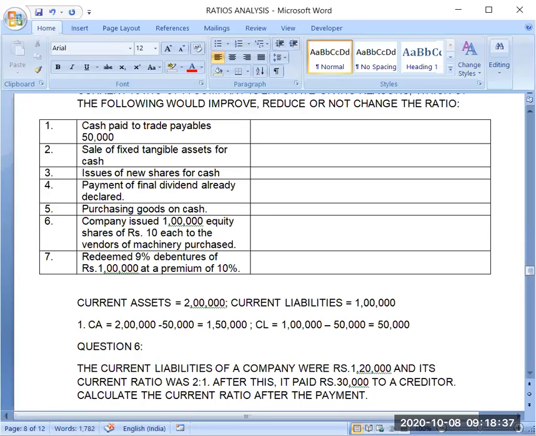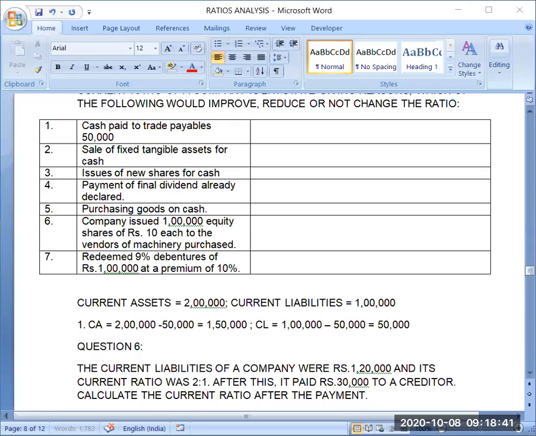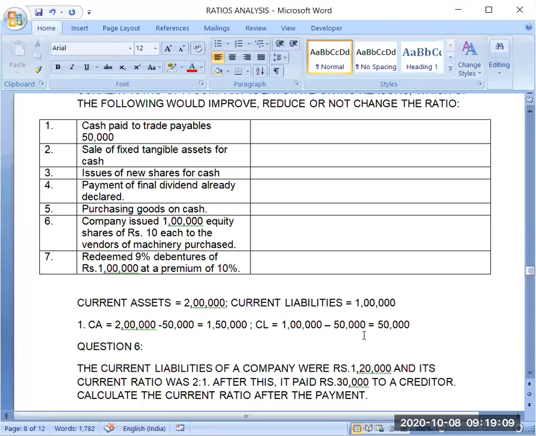So now if you calculate the ratio, current assets upon current liabilities, it will be 3:1. So this way I get my answer that my current ratio will improve.